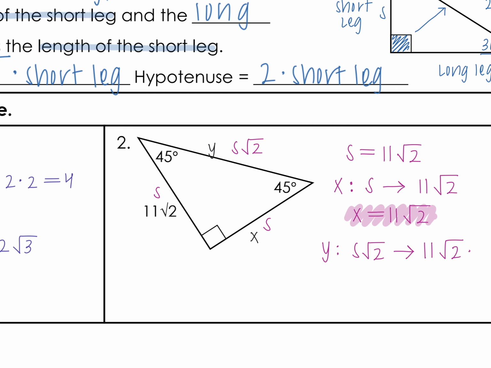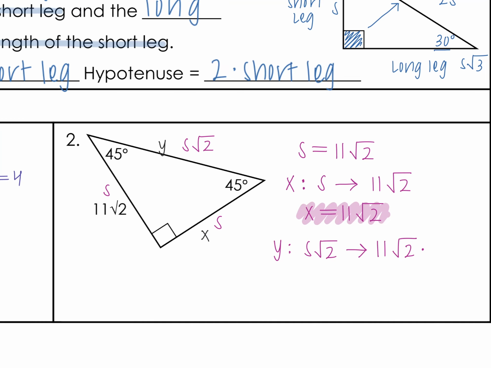And then we need to multiply it by another root 2 because that was a part of what I was given for my s. It is not the root 2 that I need to still multiply it for that ratio.